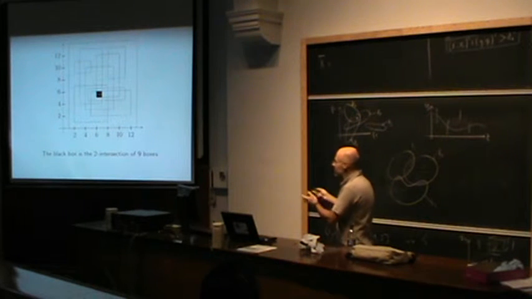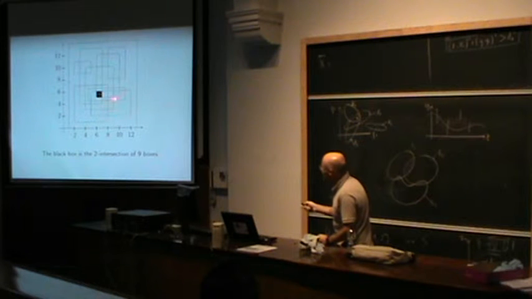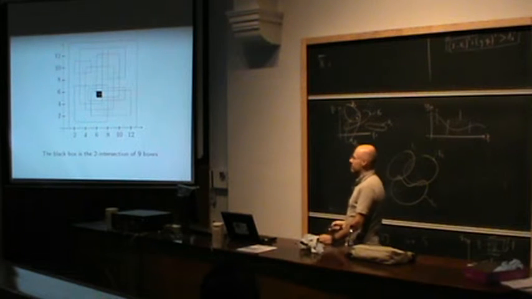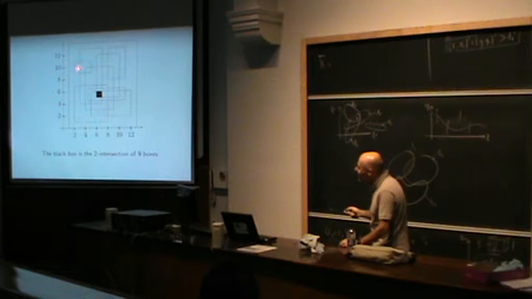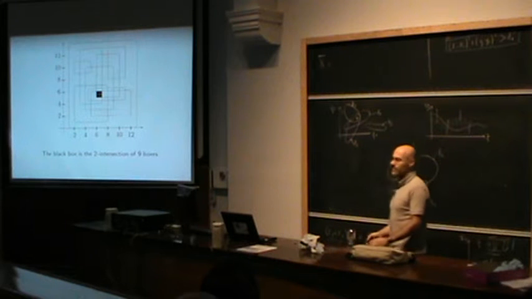Even if it's not easy for us, you can see here I have 10 boxes. I want to relax 2 boxes. So of course we can see here that this one and this one can be relaxed, and the 8, if you want, the 2 intersection of these 9 boxes will be here.